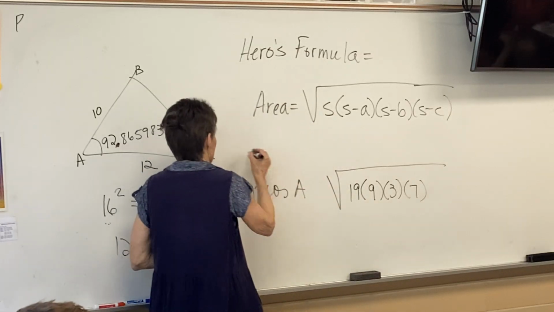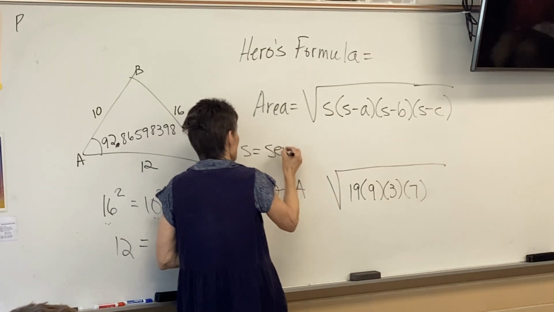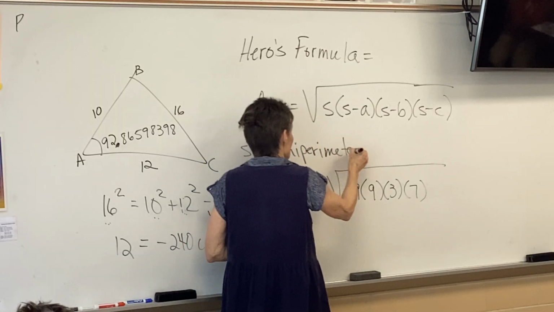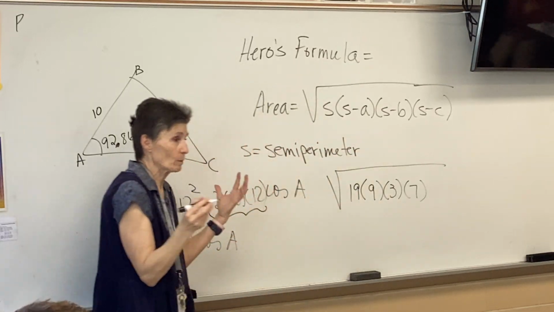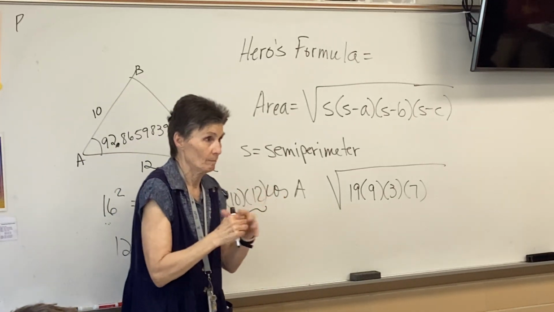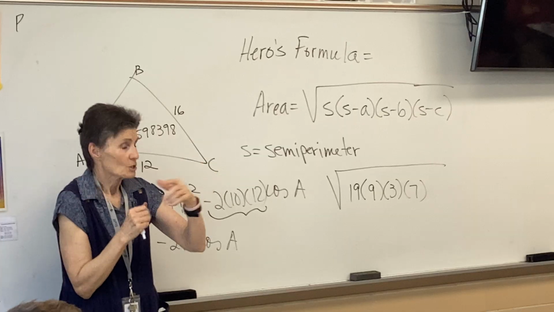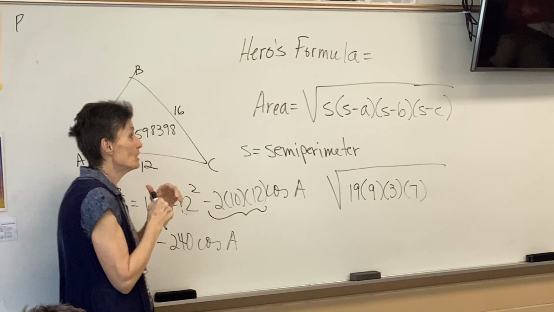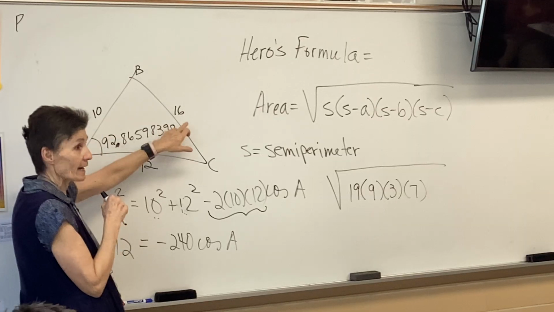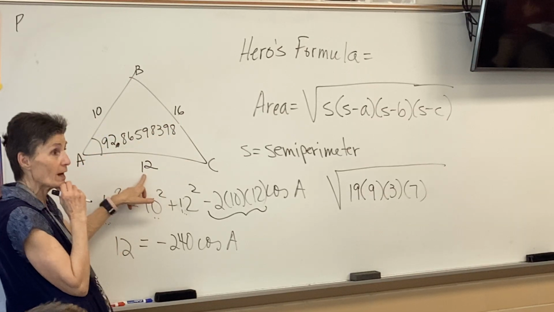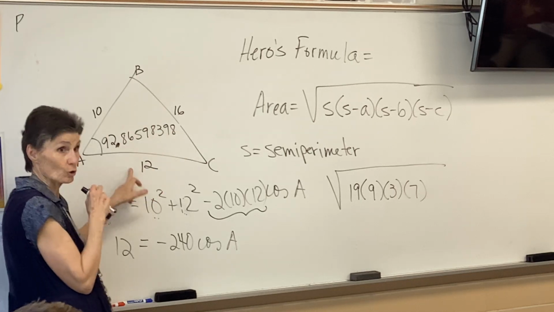Well, S is called the semi-perimeter. Before you start like, what? Think. What's a semicircle? It's half a circle. So semi-perimeter has gotta be half the perimeter. So the first thing I did was find the perimeter of my triangle, which is 38.